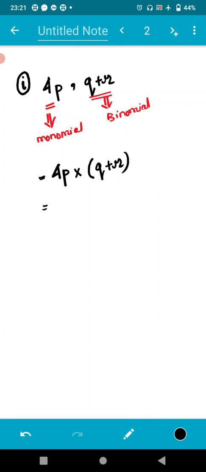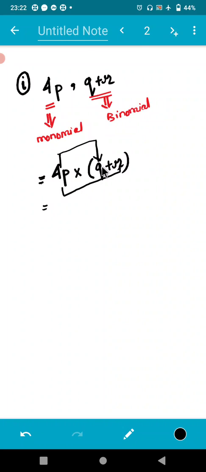Now how to multiply? With this monomial you have to first multiply the first term written inside the bracket, that is q, and again you have to multiply this monomial, that is 4p, with the second term written inside the bracket. Now how to multiply?